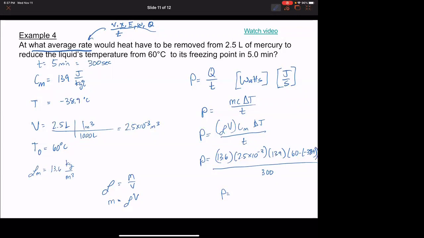Forgot to bracket out here. I got 1.56 watts.